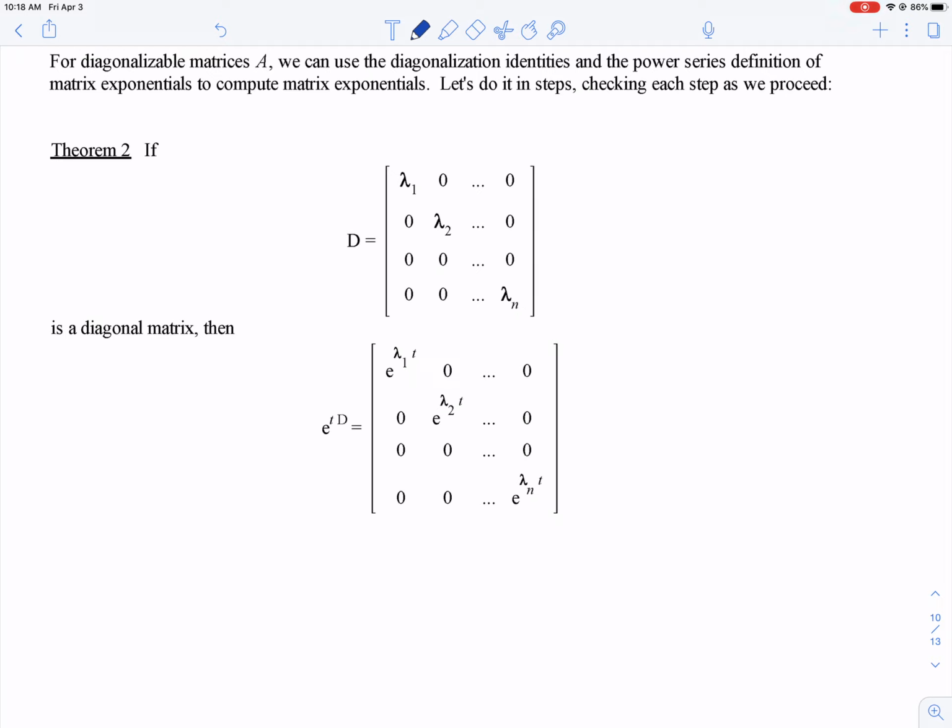And the key thing we're going to use to check this, which you probably remember from linear algebra, is that if you have two diagonal matrices, then their product is too.